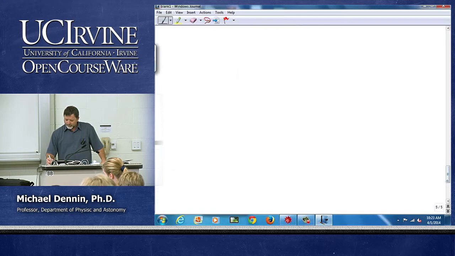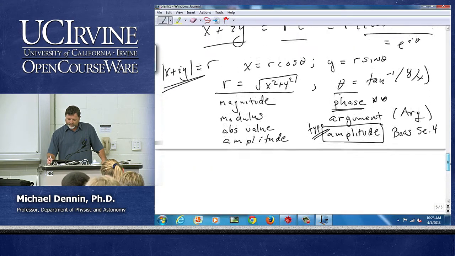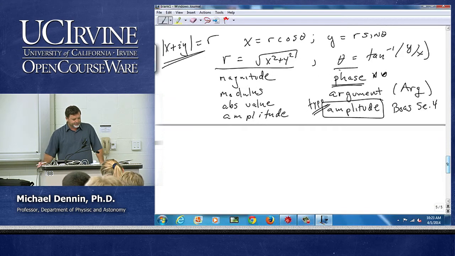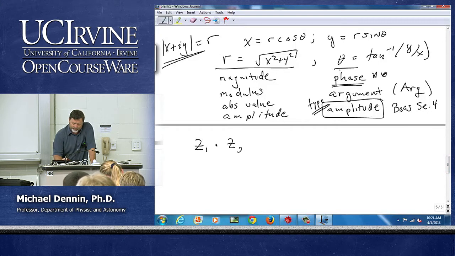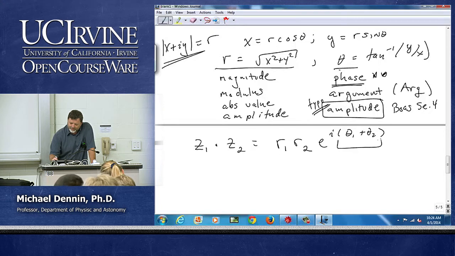Now, one of the key things to notice in complex numbers is when we get down to it, we are often multiplying them. And the best way to multiply them is in the polar notation because it emphasizes the idea of a phase shift.